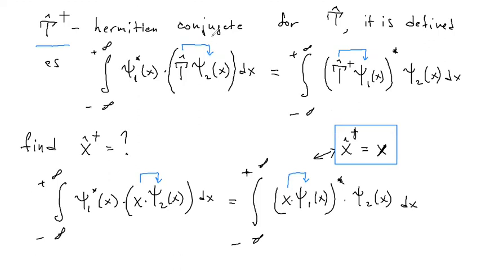Or it's not clear? What I'm trying to do is transfer the action of my operator from the right side wave function to the left side wave function. And whenever I can do this, I can call this Hermitian conjugate. And now I can see that my Hermitian conjugate is the same as my initial operator.